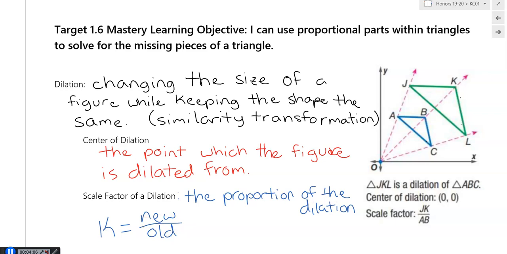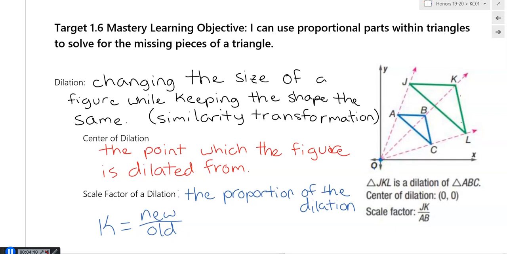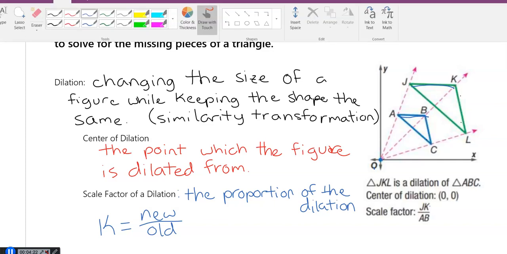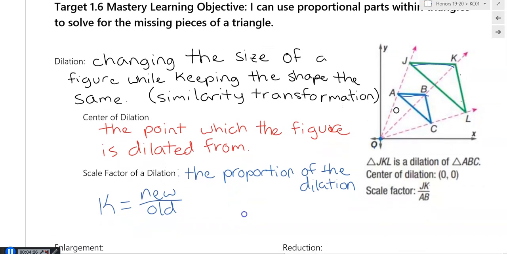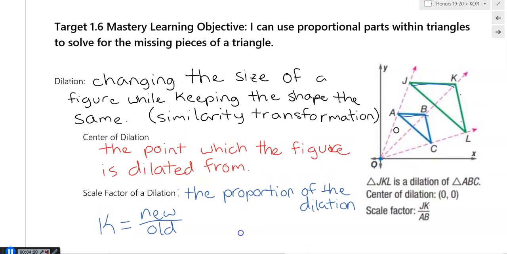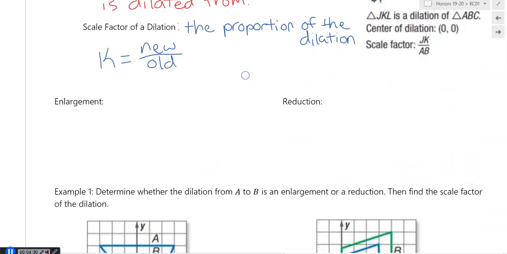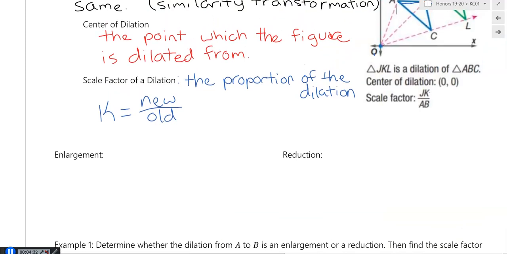So if we look here, these were dilated around this point in the center. And our scale factor could be the length of JK over the length of AB. Again, because this is our new image and this was our old image. So be careful about that. All right, so when we have that scale factor, we have two things.